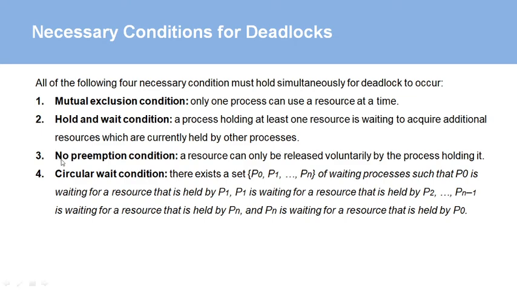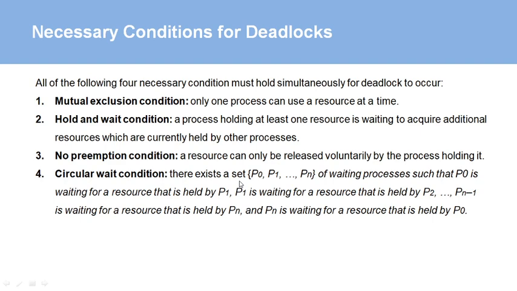The third one is the no preemption condition. No preemption means a resource can be released only voluntarily by the process holding it, after that process has completed its task. Next is the circular wait condition.